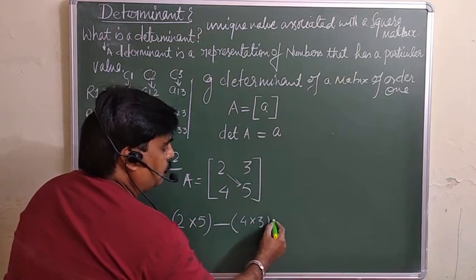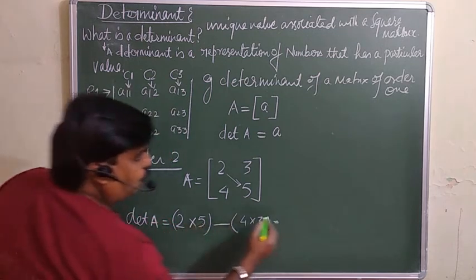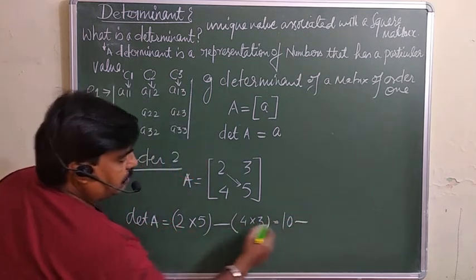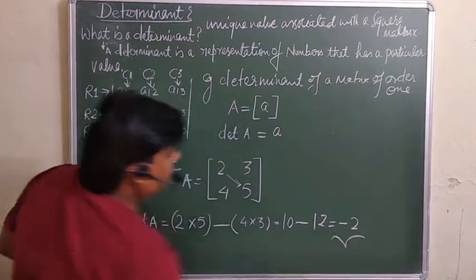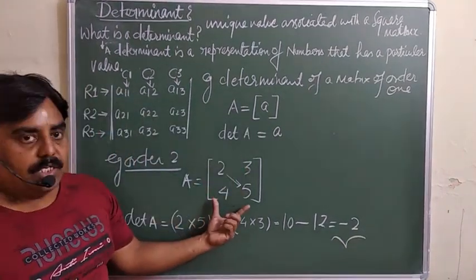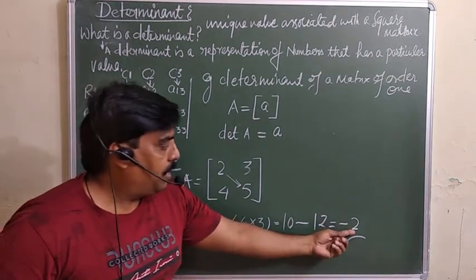So this is 10 minus 12, that is minus 2. So the determinant of this 2 by 2 square matrix is minus 2.